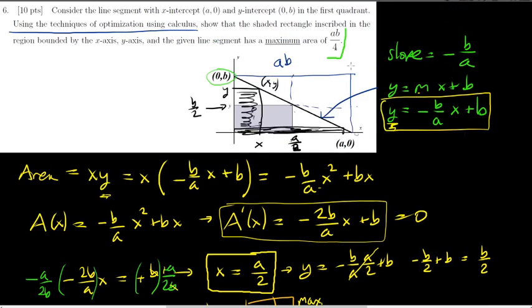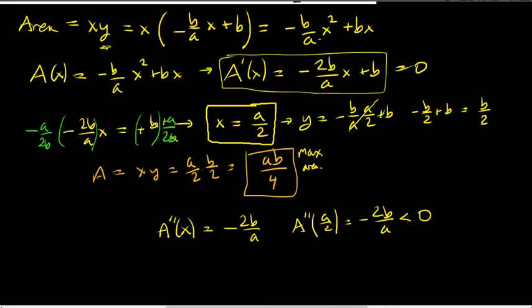We know that because a and b are positive, right? It's in the first quadrant here. So a and b have to be positive, obviously, which means this is negative. And if the second derivative is negative, that means it's concave down at the critical number, which means you have a maximum. So that just verifies this is a maximum area.